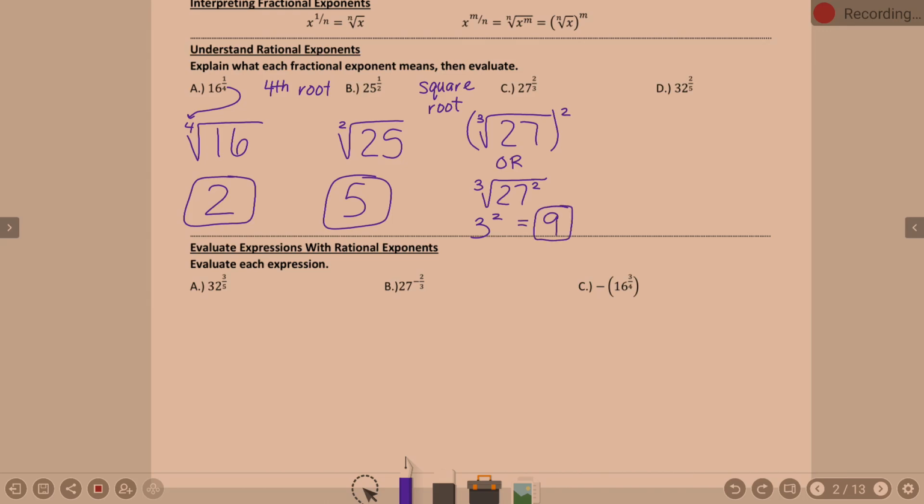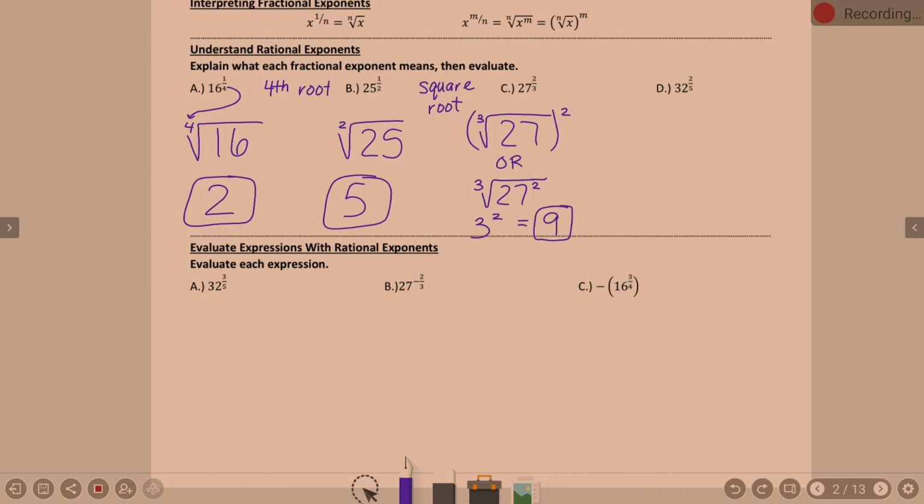Getting the wrong answers out of the way now so you don't make mistakes on homework. Now, if someone instead did 27 squared, you got some big number, and then you took the cube root of it, what should you have gotten? 9. And again, if the calculators fail you, let me know and I'll help you figure out where they're going wrong.